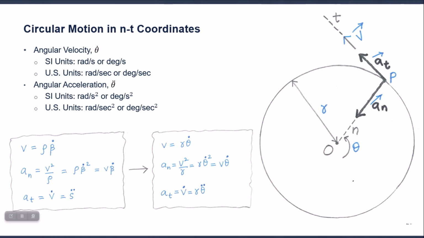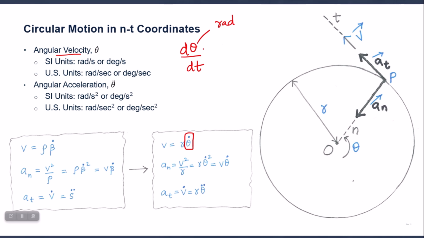One more thing related to the application of this coordinate system to the circular case: this quantity theta dot, the rate of change of theta with respect to time, is called angular velocity, and it has the units of radian per second because it is d theta by dt, right? And theta is in radians, right?